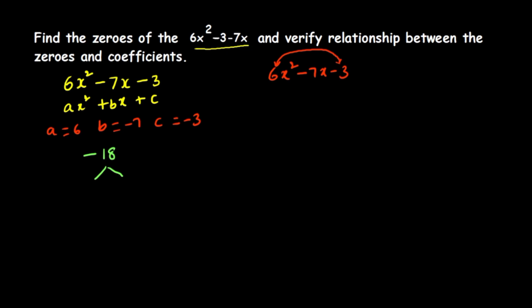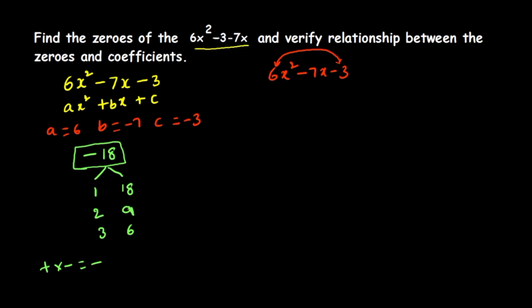How? 1 into 18, 2 into 9, and 3 into 6. So these are the factors, right? 1 18s, 2 9s, 3 6s, 6 3s, 9 2s, 18 1s. But don't forget, here we have a negative number, minus 18. That means plus into minus is minus, so one of these numbers should be positive and one negative.